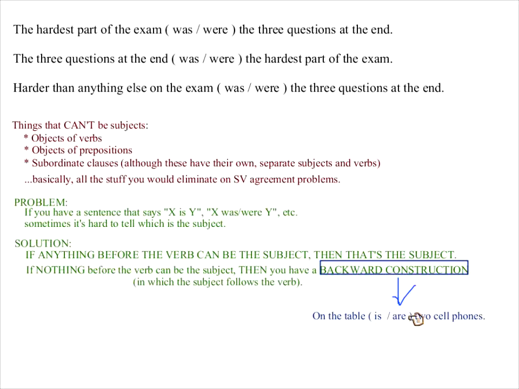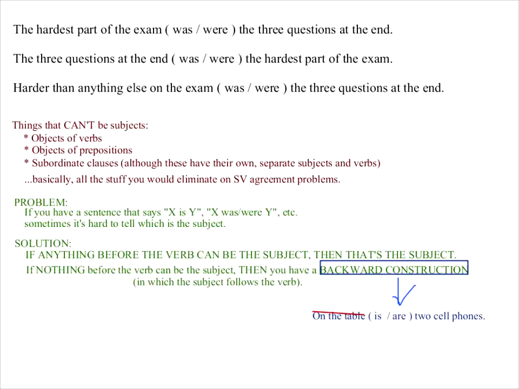Okay, excellent. Everybody's got this one right. Because the subject is, indicate in the text box, please, what is the subject? Subject is 2 cell phones. Now the reason why that's the subject is because this is a prepositional phrase, and so can't be the subject.